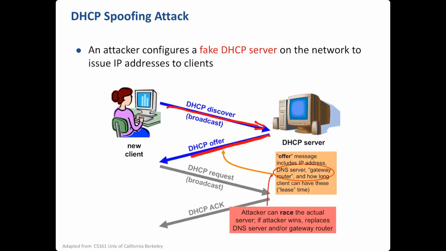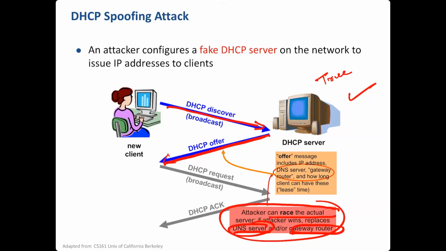But at the same time, the attacker server can also respond, and it will race it. Basically it will try to respond fast with the domain name server and the gateway router. So it can provide wrong data or malicious data here, right? All right. So the same thing is depicted here.